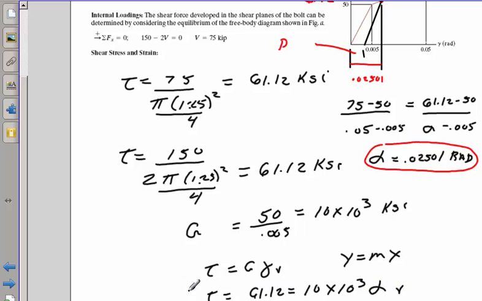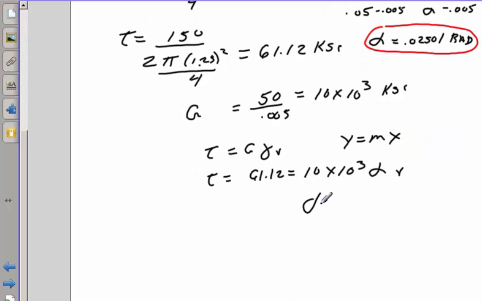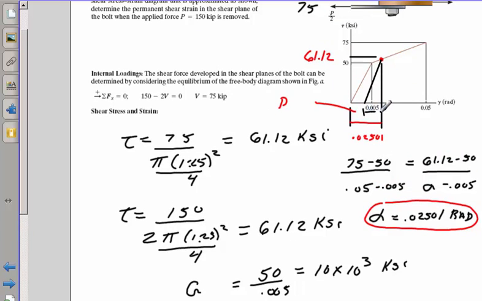Solve for your elastic shear strain, and when you do that, you'll find out that this value right here is going to give you 6.112 times 10 to the minus 3 radians. Again, that value is going to represent right through there.